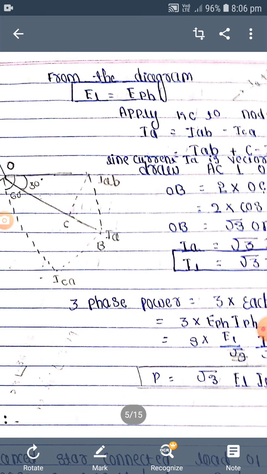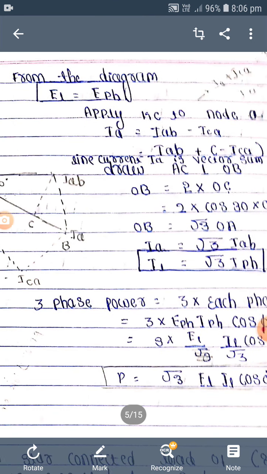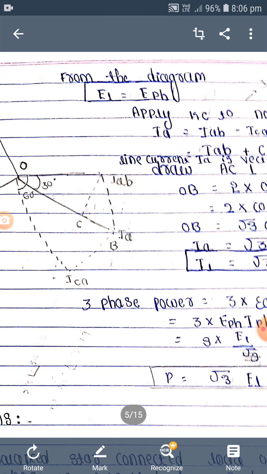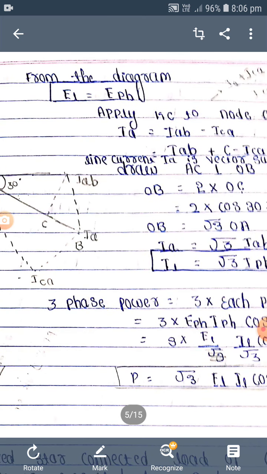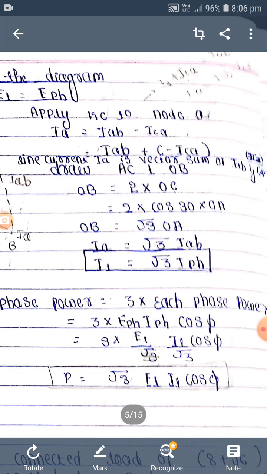Then OCA is a right angle triangle. OB is the diagonal of the parallelogram. OB is equal to 2 times OC, that is 2 into cos 30 into OB. Then you can substitute here IL is equal to root 3 times I phase.